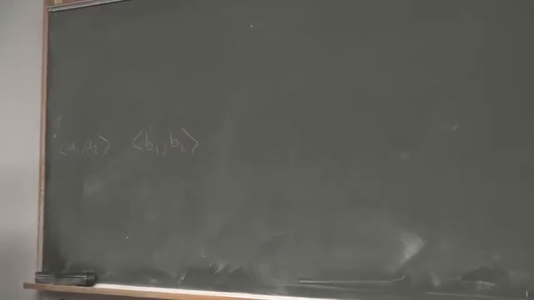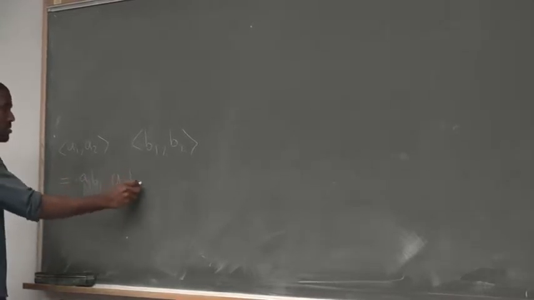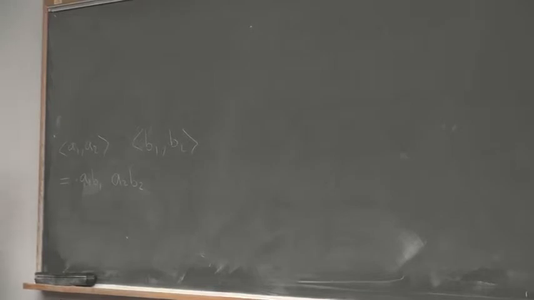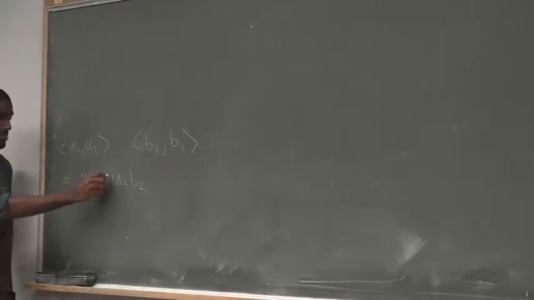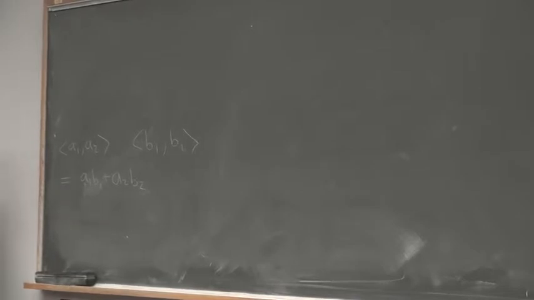Well, to take a random guess, I might multiply the corresponding components with each other, so a1 by b1, a2 by b2, add the result, and view it as a scalar. You would add the result? Add the results. Put an addition sign there, yes.